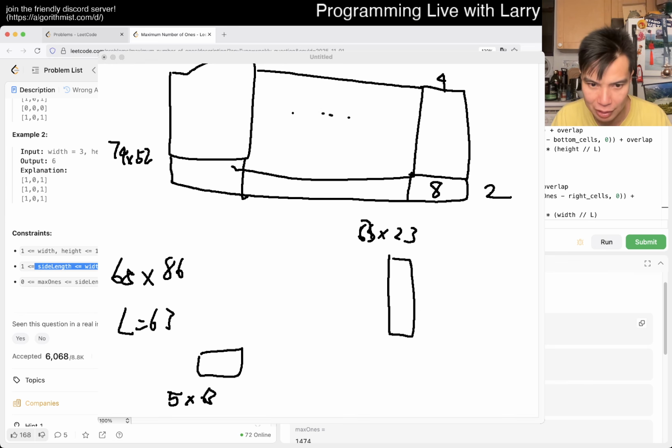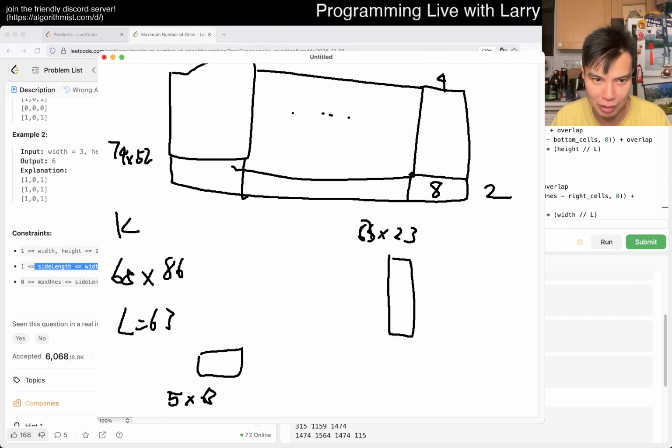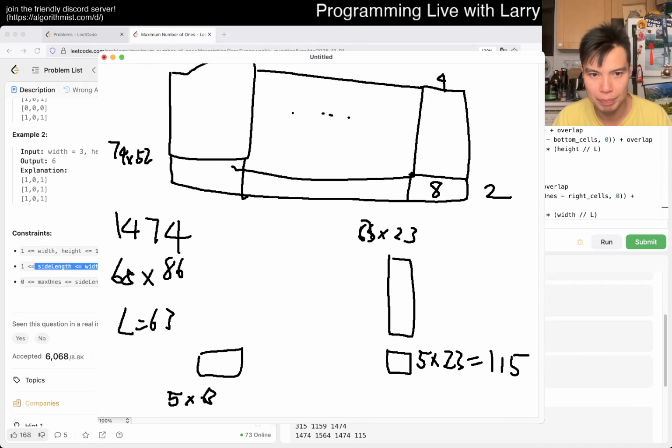The max one is 1474, which is a big number actually. That means the overlap is going to be 5 by 23, which is equal to 115, I think, right? So that means that 115 is filled up.